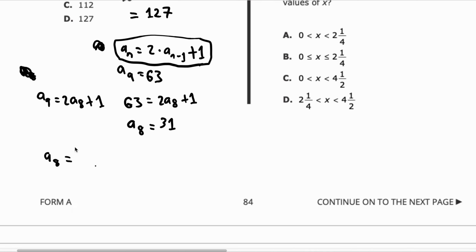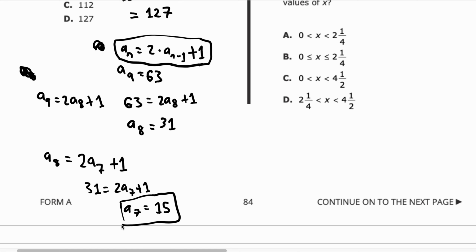Okay, so A8 is 2A7 plus 1. So then we know A8 is 31. So that's 2A7 plus 1. And then we just algebraically solve for A7. So that's our 7th number. And we would get A7 is 15. Right, so we know A7 is 15.